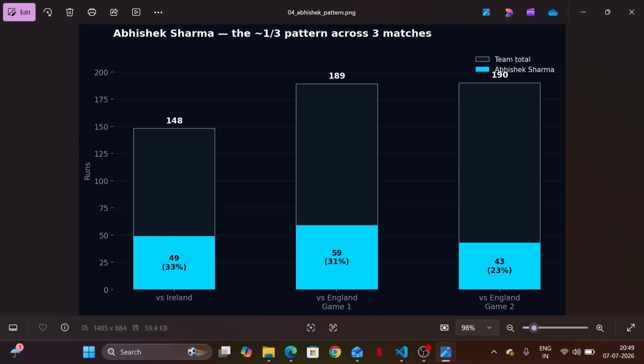In game two, he scored 43 runs, which is nearly 25% of the score Team India made. Now, if you see this common graph and common pattern, it clearly reflects that if you get the wicket of Abhishek Sharma, you put India under pressure, because nobody is able to score that consistently and that well, barring Abhishek Sharma.